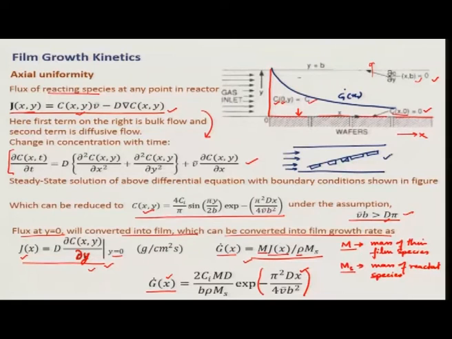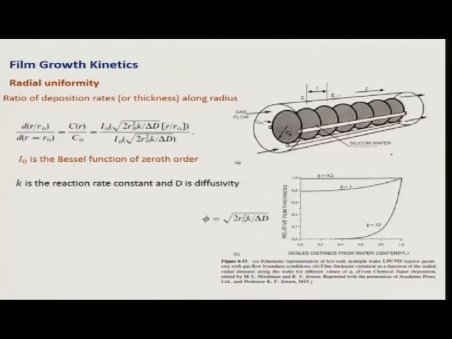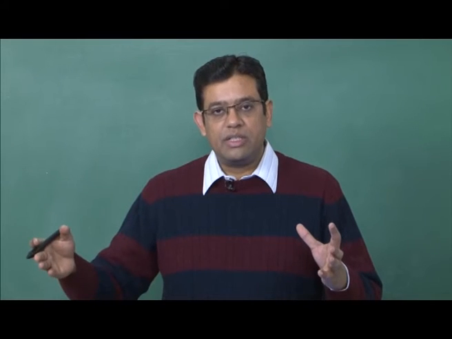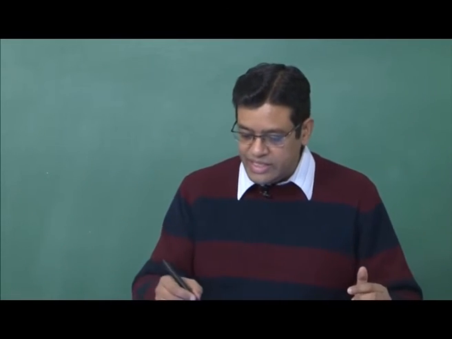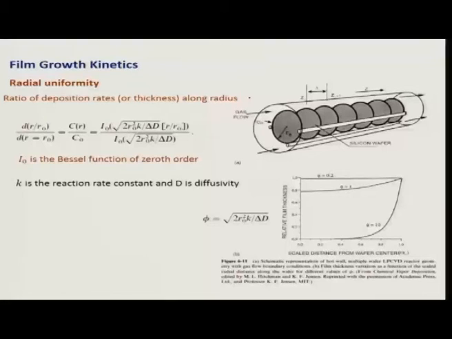Now, let us look at another geometry of thin film deposition. Many times we use a tubular reactor and vertically stack our wafers. Such an arrangement is shown in this figure, in which silicon wafers on which we want to deposit thin film are stacked vertically in a tubular reactor.